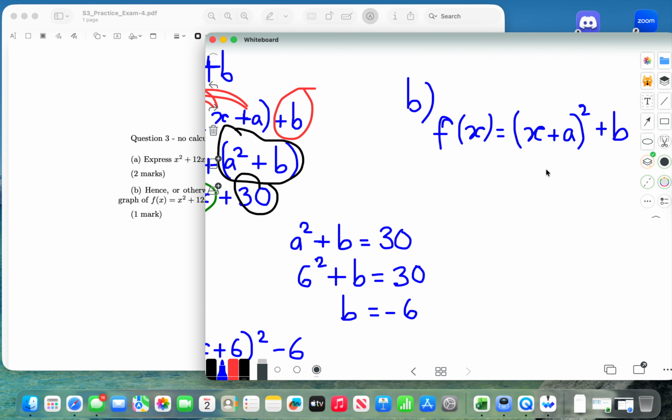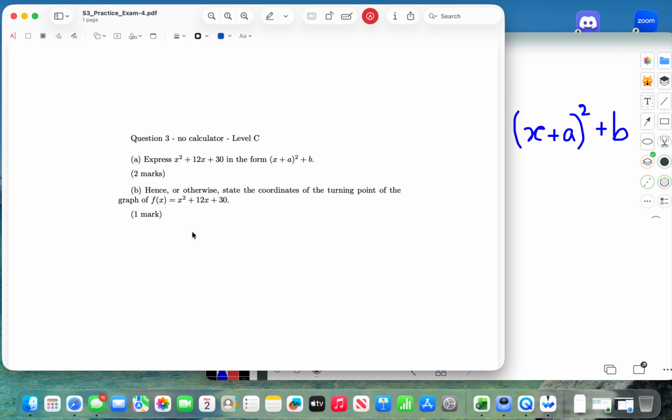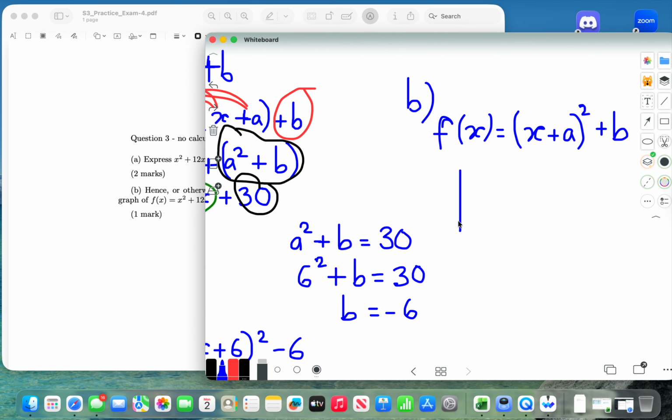Now to get a minimum turning, well, we can say we have a minimum turning point because the coefficient of x squared is plus 1, which is positive, so it will go like this. That's not perfect, that's just me showing you that the shape of it is such that it has a minimum. If the coefficient was negative, it would have a maximum turning point like this. This is not the graph of the function, it's just for demonstration purposes.